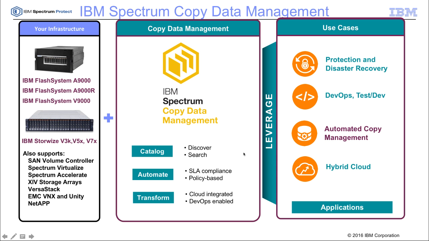And Spectrum Copy Data Management basically allows you to take snapshots that are built using supported infrastructure such as our flash systems, Storwizes, SVCs, and other types of arrays, and catalog those snapshots so that you can use them for various types of operations that you can do with snapshots, such as protection and disaster recovery, mounting them for test development or reporting, and also perhaps moving them to the cloud.